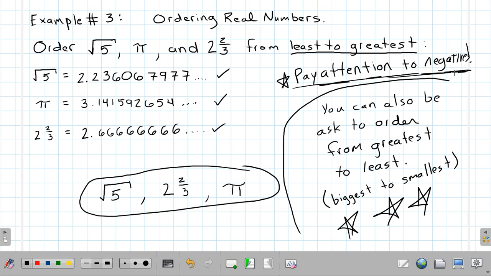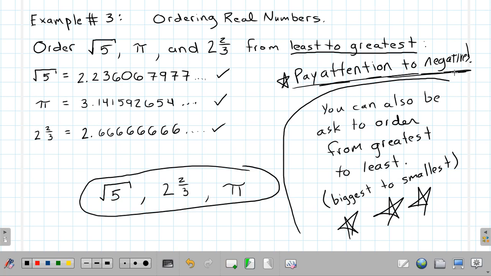If you have negative numbers, and I think I've given you about 3 of those on the practice and the homework, okay? Make sure you know how to tell which negative number is bigger and which is smaller. If you have issues with that, that's something we can correct later on. But pay attention to the negatives, and make sure you're paying attention to which order you have to do it, from least to greatest or greatest to least.